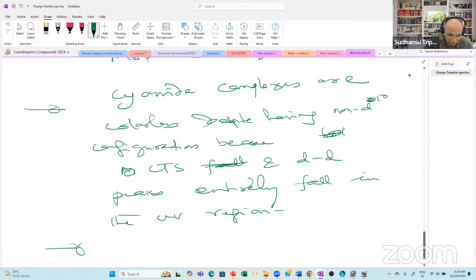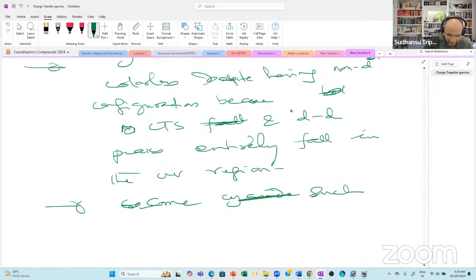Even some cyanide and carbonyl complexes, some such complexes are light yellow in color. Why?